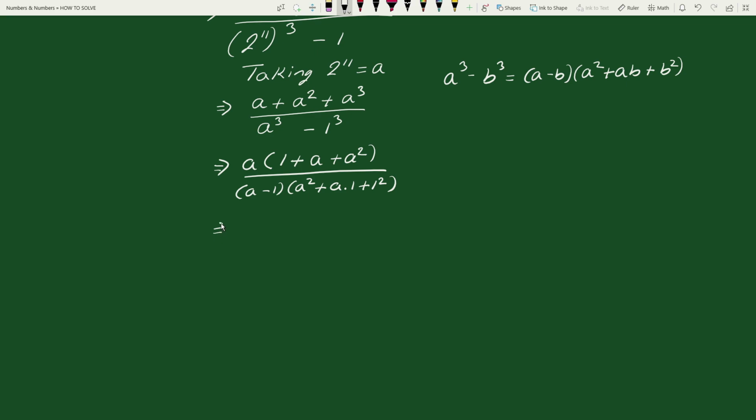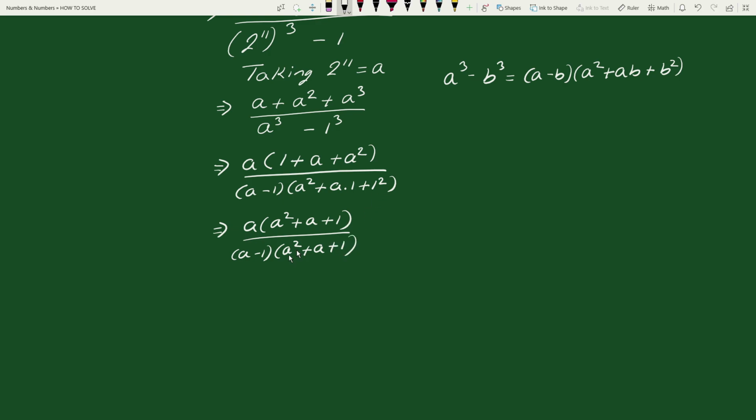This equals a times (a^2 + a + 1) by (a - 1) times (a^2 + a times 1 is a, plus 1 squared is 1).